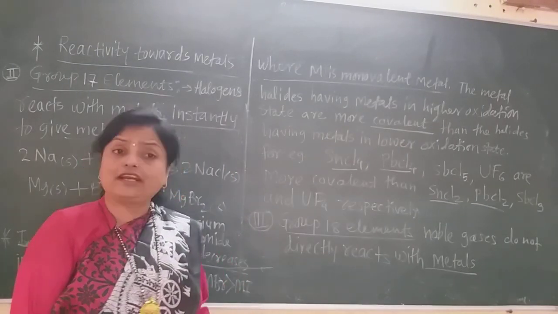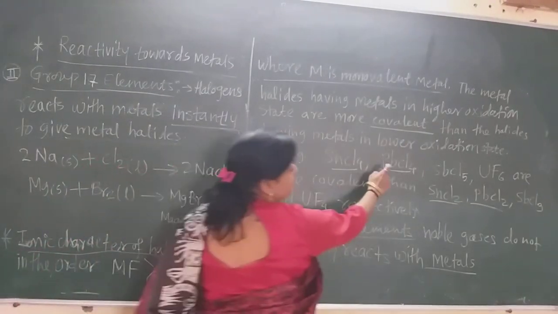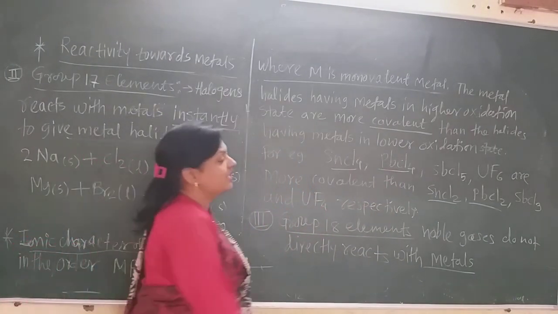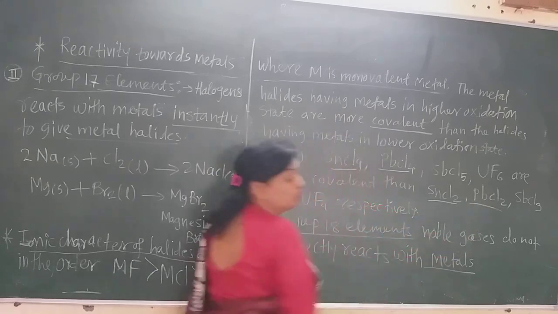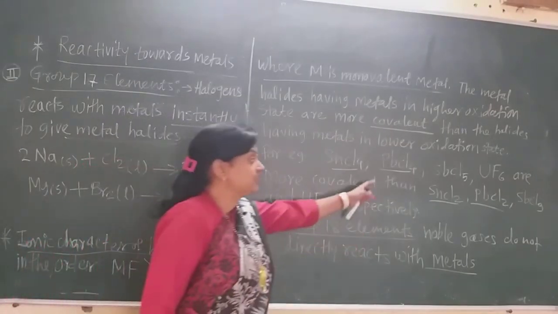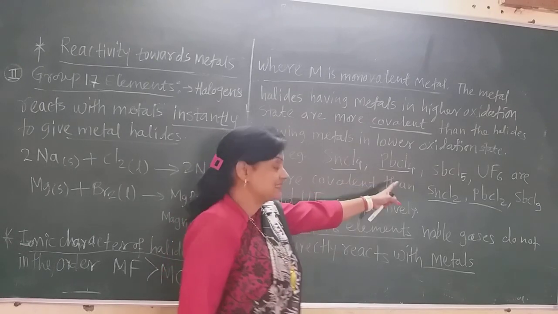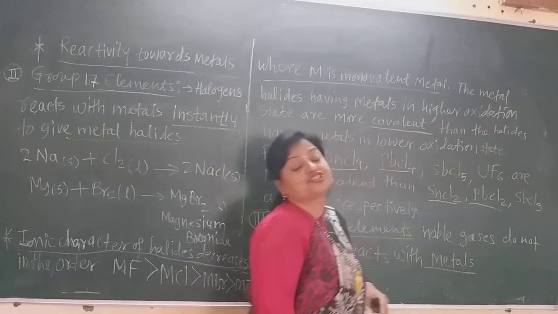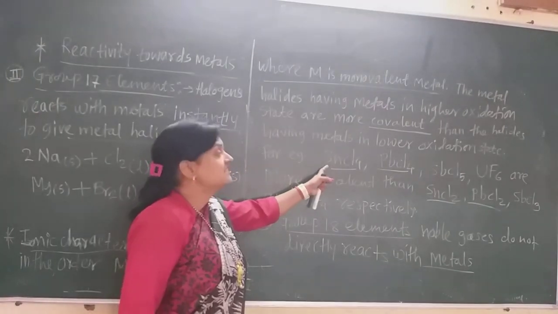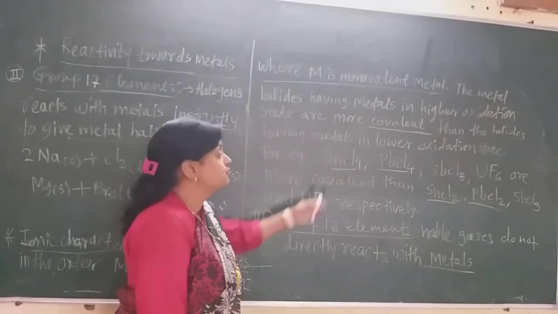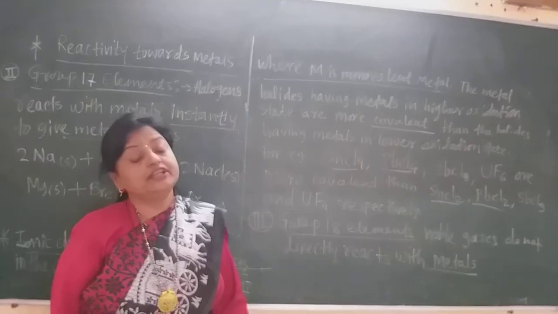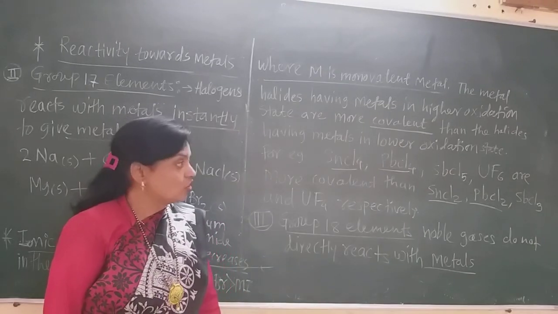Now in lead tetrachloride, the lead Pb metal has the oxidation state +4, and here lead has the oxidation state only +2. So higher oxidation state halides are more covalent compared to lower oxidation state halides. Here tin in SnCl4, in the +4 state, is more covalent than stannous dichloride, in which tin is in the +2 oxidation state.